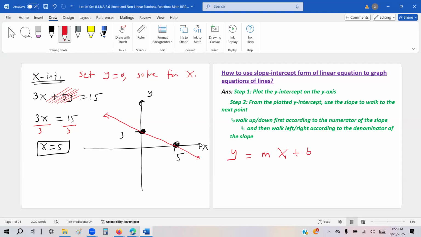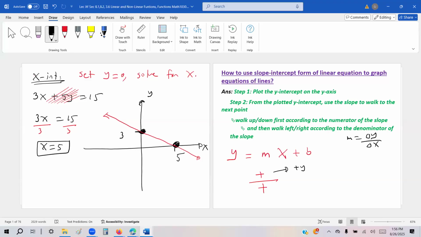And from the y-intercept, we are going to walk our slope. How do we walk the slope? There are two choices. Either you have positive on both, positive on the top, positive on the bottom. Remember, slope is y over x, right? Delta y over delta x, changing the y over changing the x. So if you have a positive on the top, it means you have a positive y.